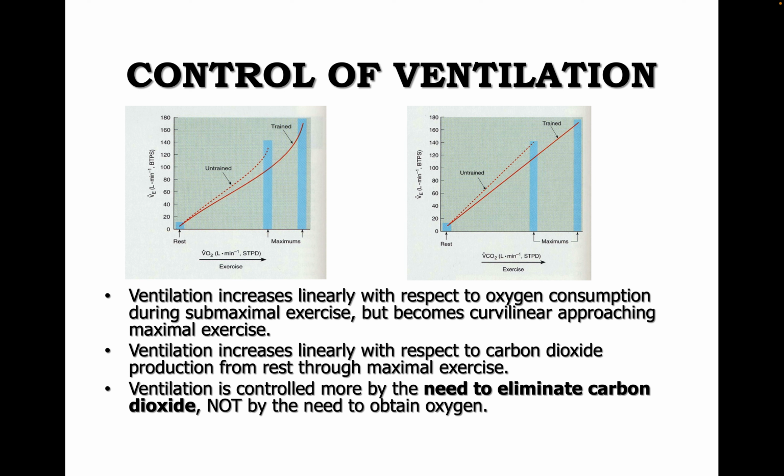What's technically correct is I need to breathe in and out faster because I need to get rid of that carbon dioxide that's building up in my bloodstream. So control of ventilation is determined by the amount of carbon dioxide in your body and getting rid of it, compared to oxygen.